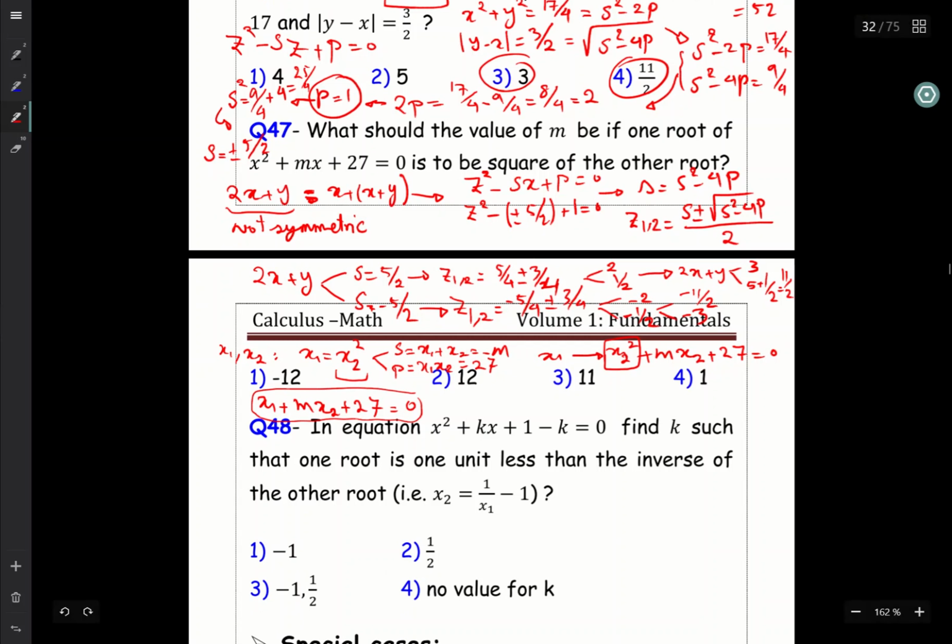x1 plus m x2 plus 27 should be equal to 0. And then what we can say here is that we don't know what x1 and x2 are, right? But what we do know is how to find them.